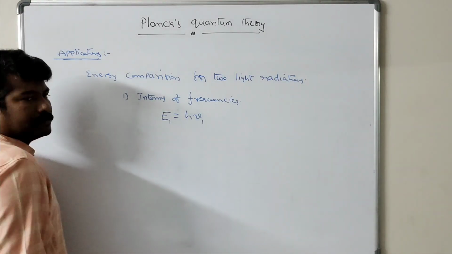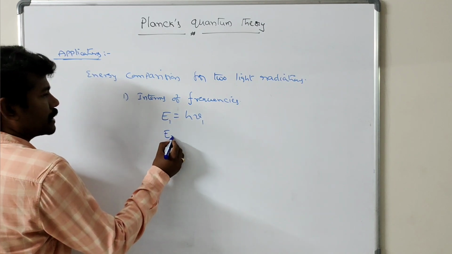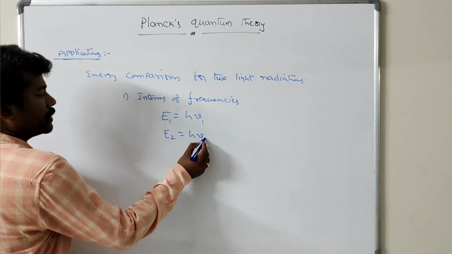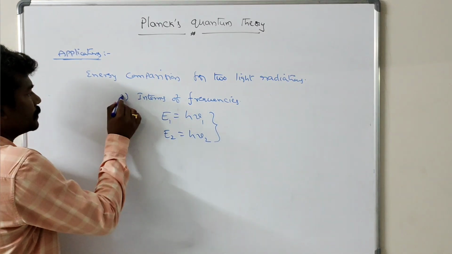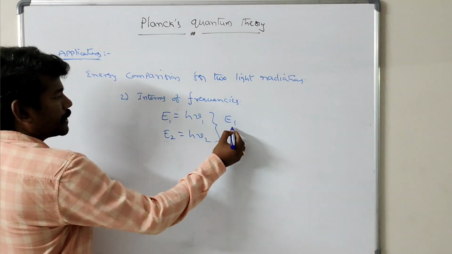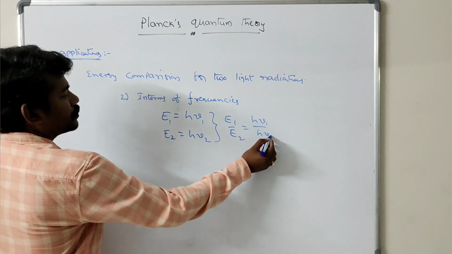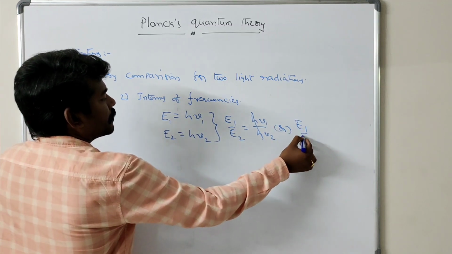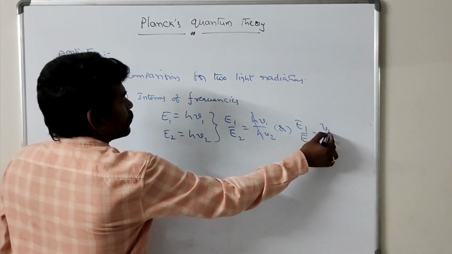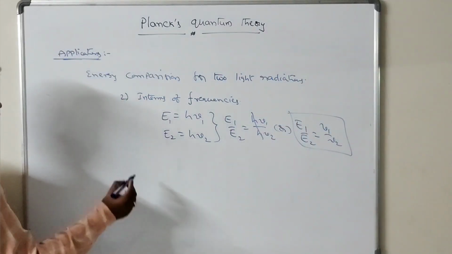For the first light radiation, E1 is equal to h nu 1, and for the second light radiation, E2 is equal to h nu 2. The comparison of energies: E1 by E2 is equal to h nu 1 by h nu 2, or E1 by E2 is equal to nu 1 by nu 2. This is the second one.